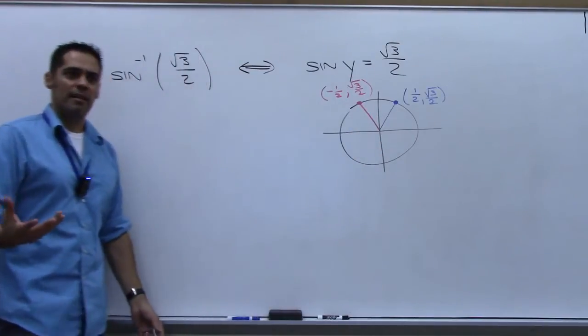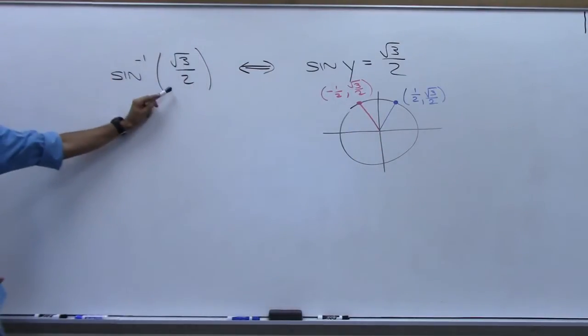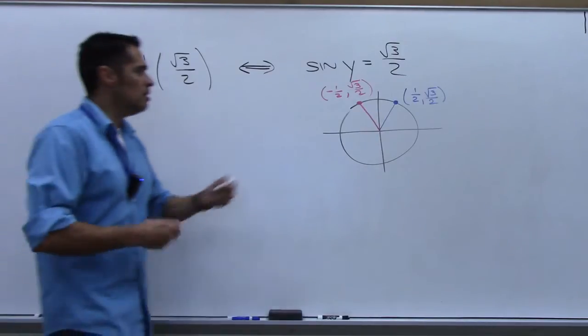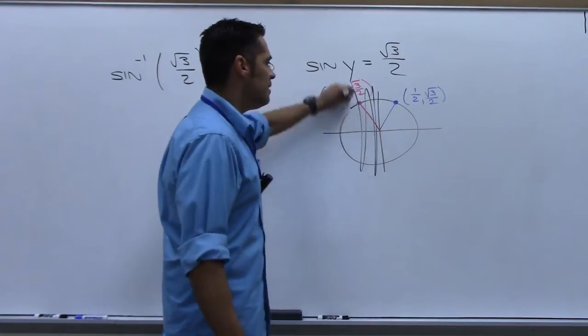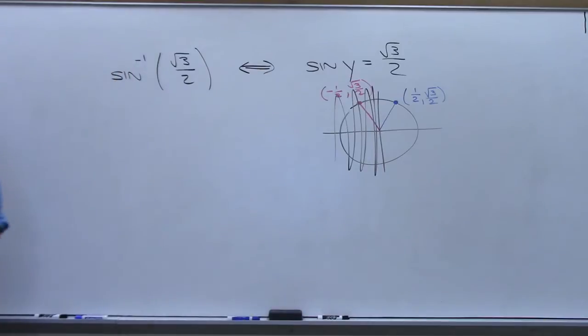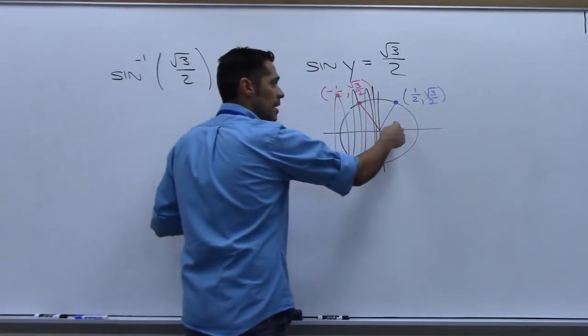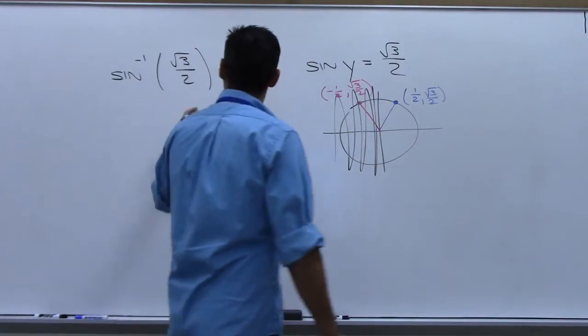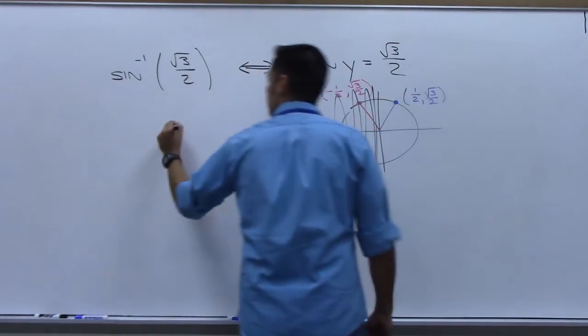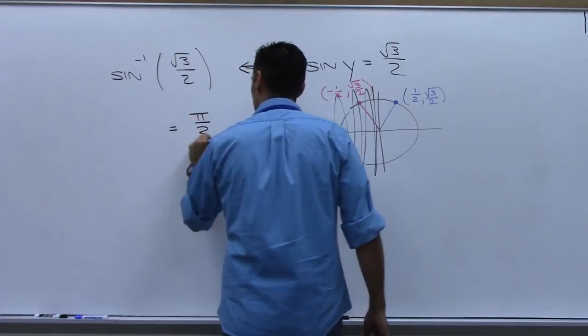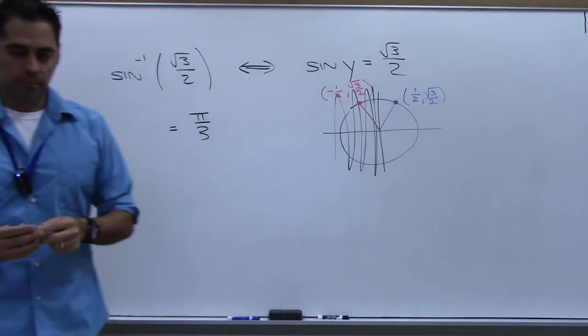Because of the restriction. Because you're dealing with the inverse sine function, you are not allowed to look in the second or third quadrants. Your angle can't live there, which means it has to be this one, and that was pi over 3. Okay? So the answer here would be pi over 3. We good?